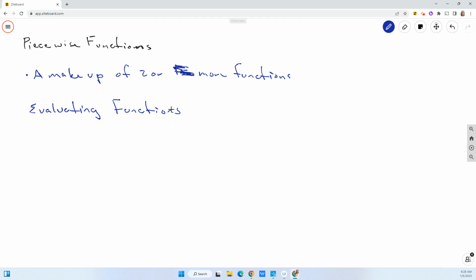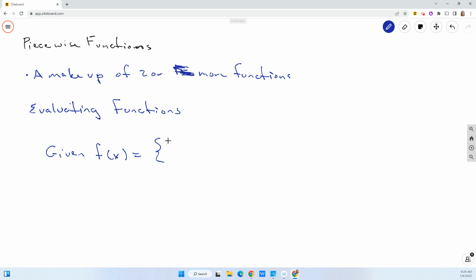When we are evaluating functions, if I have a piecewise function, given f of x, which is the name of our function, equals, we're going to have multiple equations in here. We can have 2 or 3 or 4. I will never make you do more than 3.